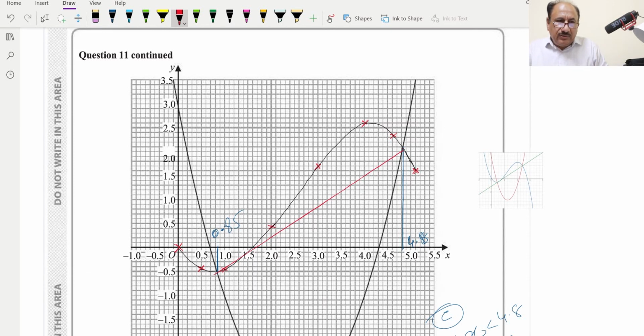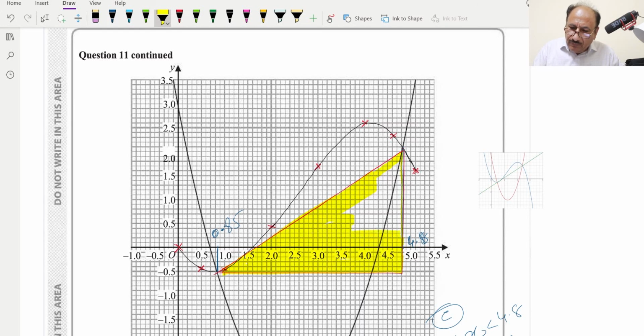Basically we need the gradient of this line. So for the gradient we will be completing the triangle, and I will shade the triangle so that you understand which triangle we are considering.